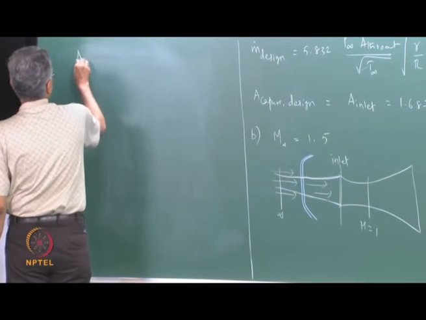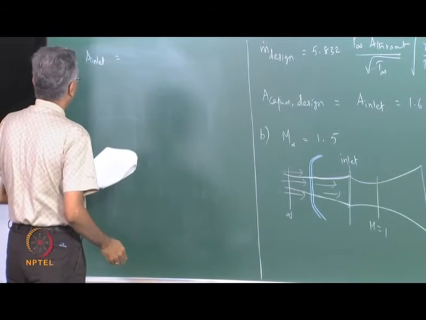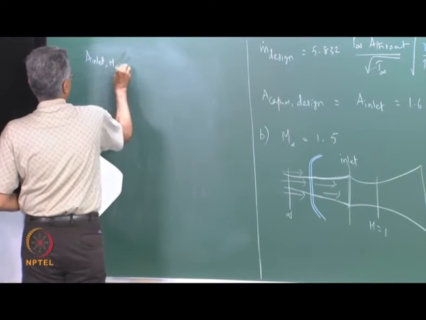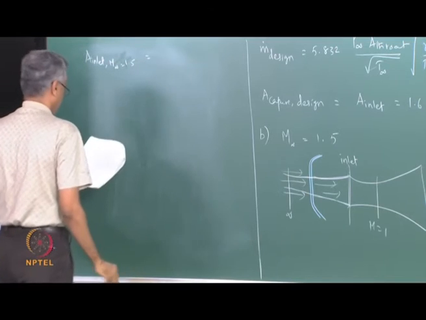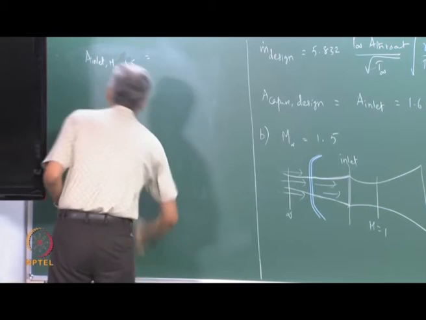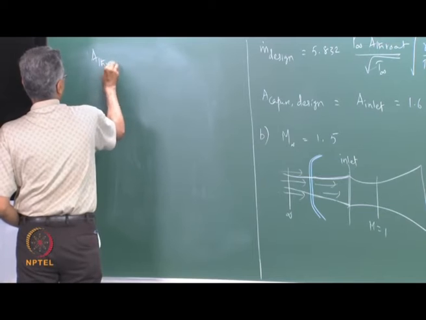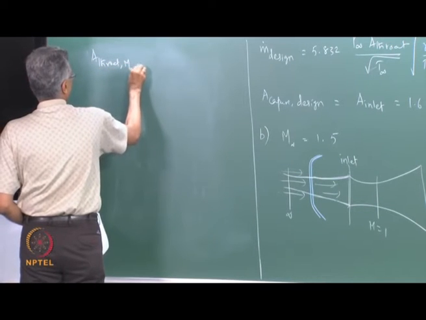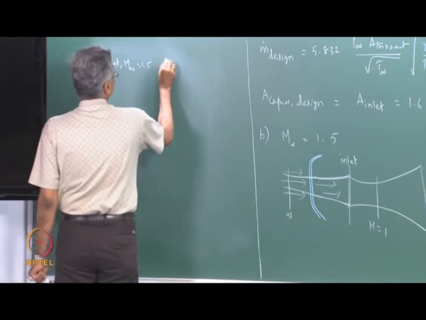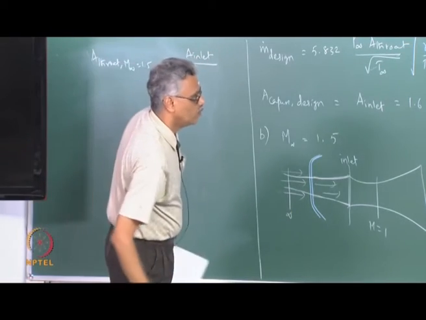So A inlet, M infinity equal to 1.5 now becomes, I am sorry, let me write it in terms of A throat. So A throat, we are changing the throat area. So A throat corresponding to M infinity equal to 1.5 comes out to be A inlet divided by 1.17617.